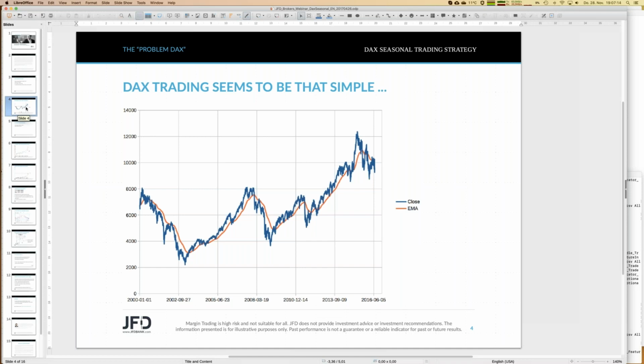So I know that when people look for a long-term chart of the DAX, like this one here, you may think, wow, trading should be extremely simple. You look for the chart here. Okay, the chart starts at 2000 and already ends around 2016. Later we will go further on the timeline until yesterday.